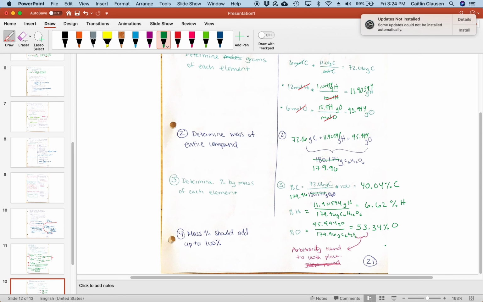And then the last step, step 4, so right down here, you add all of them up.